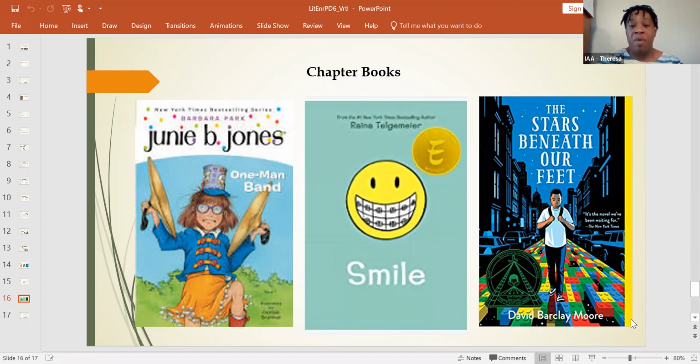If we're looking at the smiley emoji, friendship maybe, or just happiness. Braces as well, we can get into self-esteem. So what are some themes or some topics that may jump out at you?